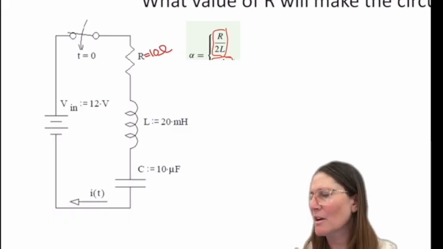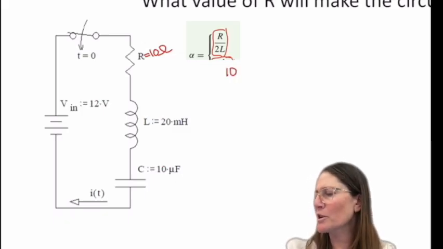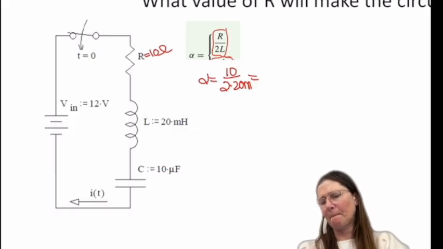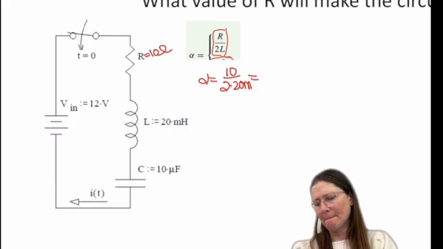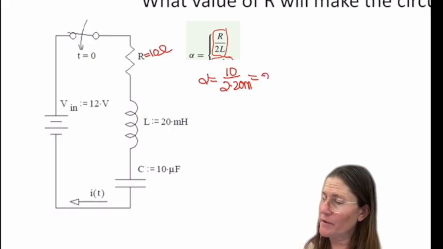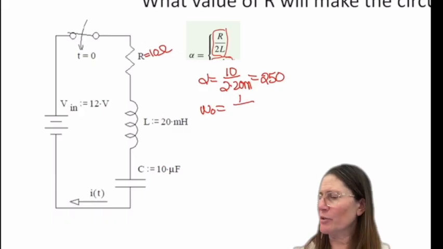Yeah. Okay, so 10 over 2 times 20 milli gives me an alpha of 250, and omega naught is 1 over the square root of LC.